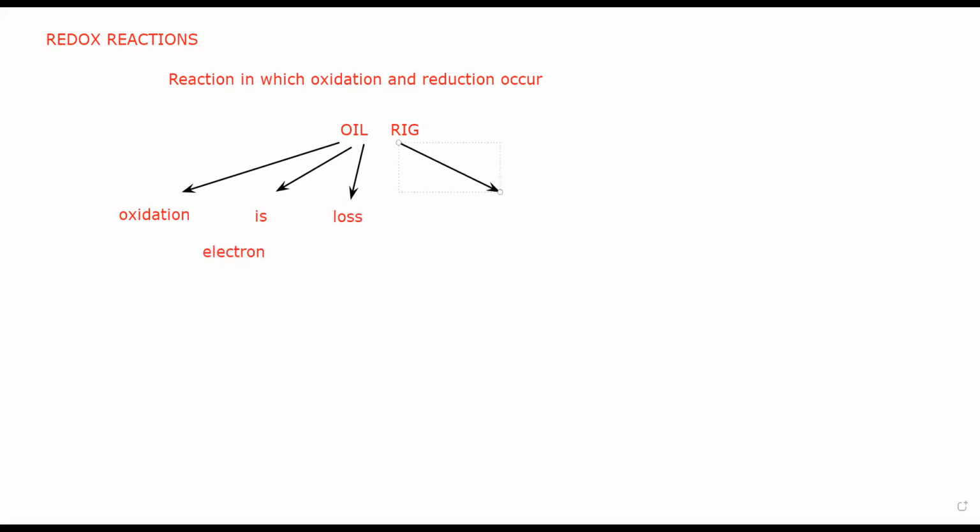R stands for reduction, I stands for is, and G stands for gain. So reduction is gain, and gain of what? It is also a gain of electron.